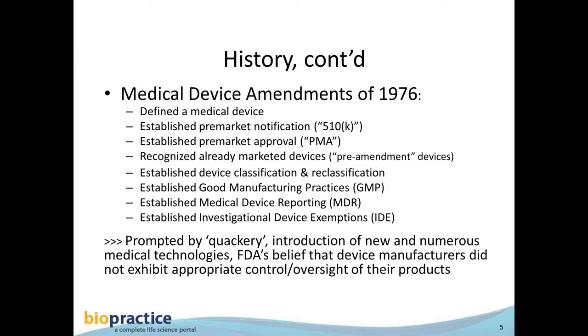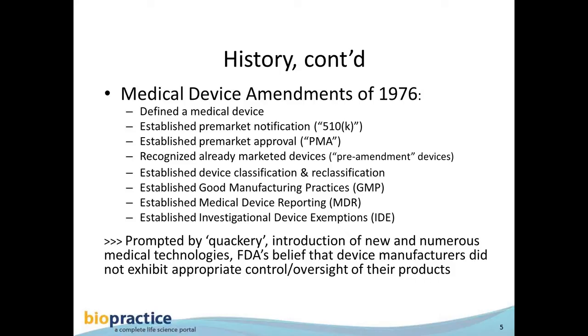These regulations came about as a result of what FDA perceived to be quackery that was pervasive in the medical device marketplace. There were a lot of new and numerous medical technologies being introduced, and FDA also believed that device manufacturers did not exhibit appropriate control or oversight of their products.